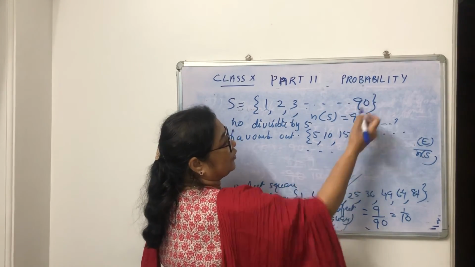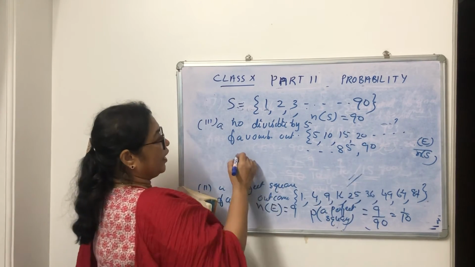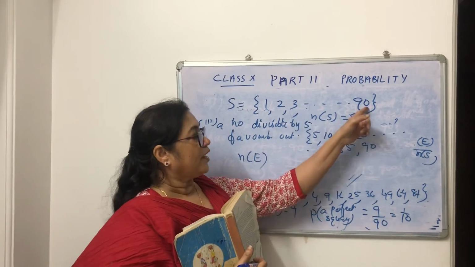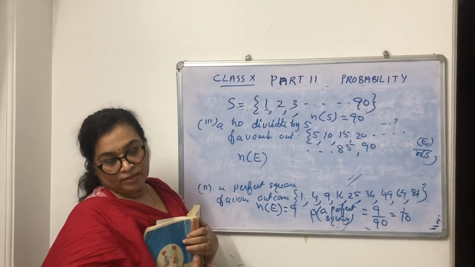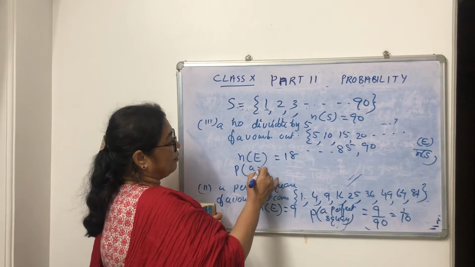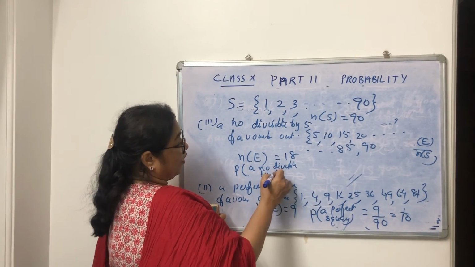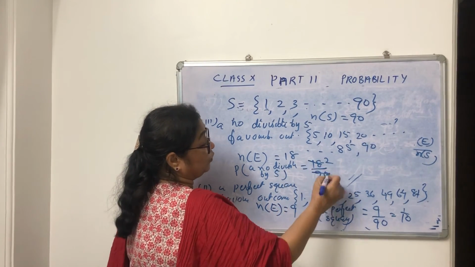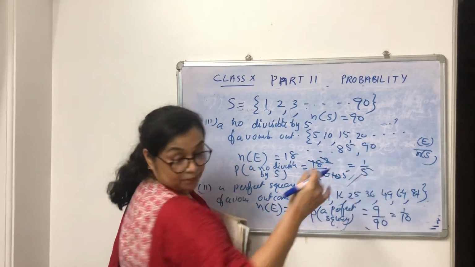The last is from 80 to 90, 85 and 90. So when you count it, the number of favorable outcomes becomes 18. So NE is 18, and the probability of a number divisible by 5 is 18 by 90, which is 1 by 5.